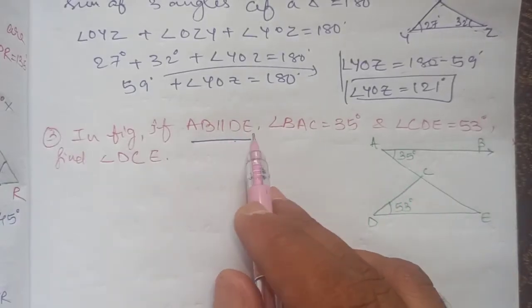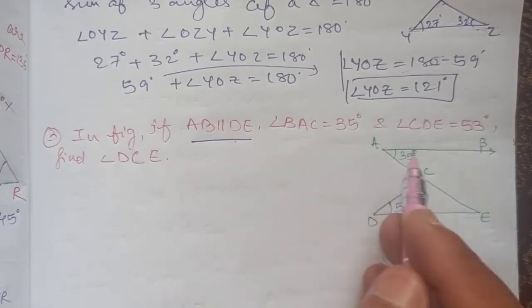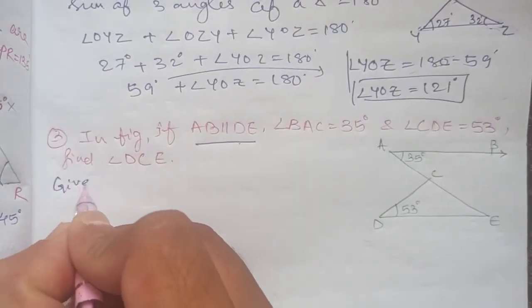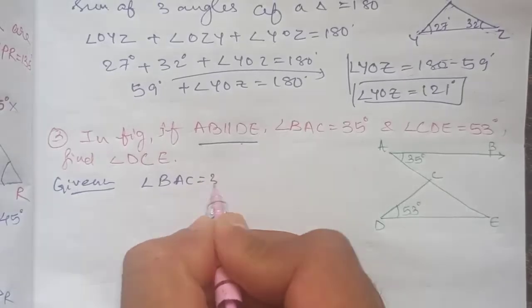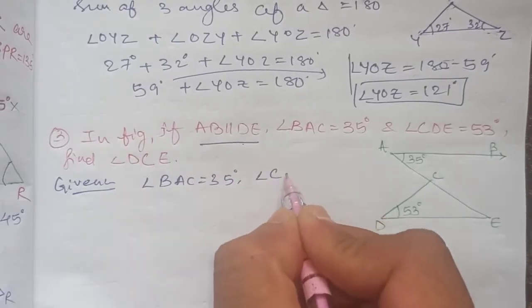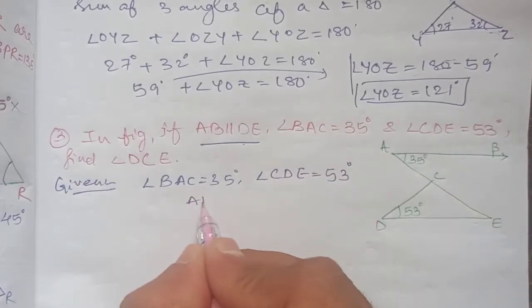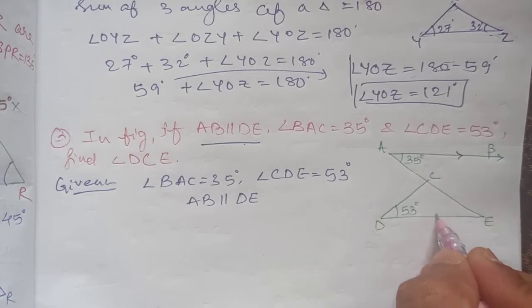But if the two lines are parallel, then all the conditions of transversal lines you can use in the figure. So what is given? Angle BAC equals 35, angle CDE equals 53 degrees, and also AB is parallel to DE. That means this line is parallel to this line.